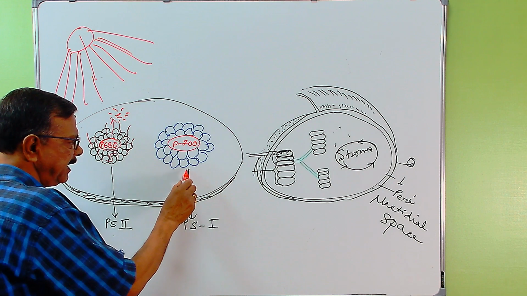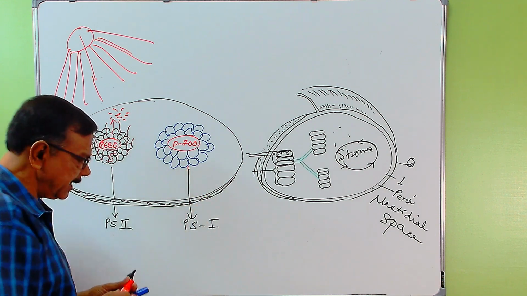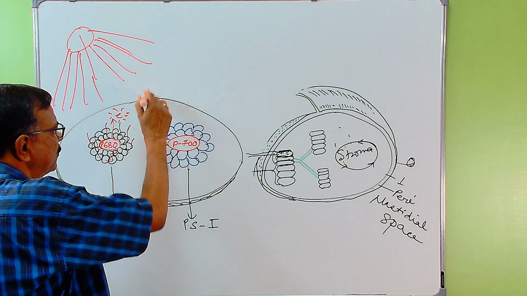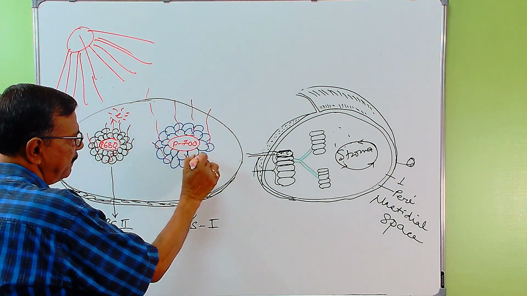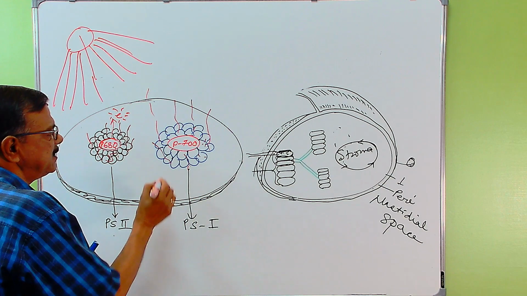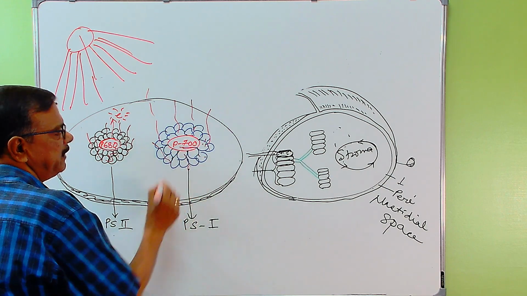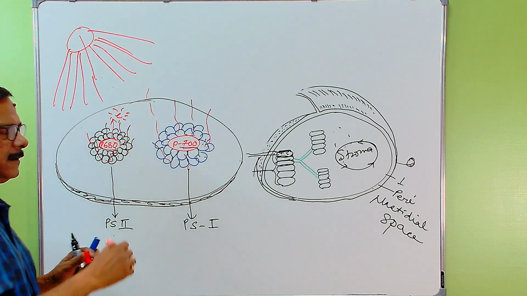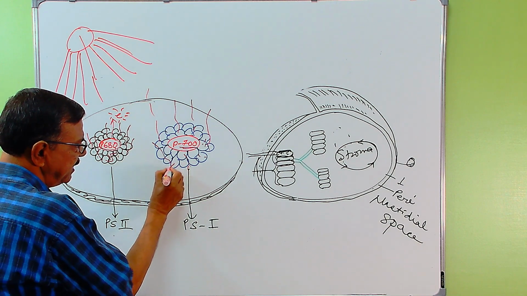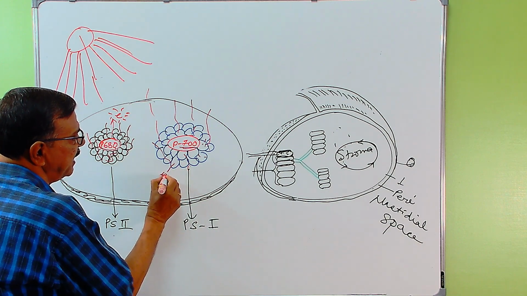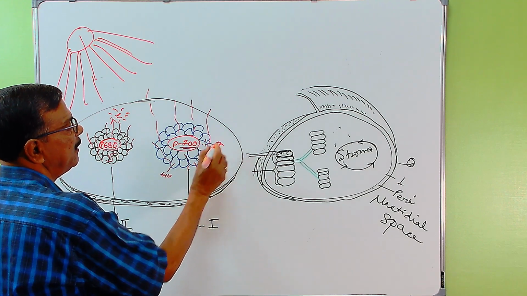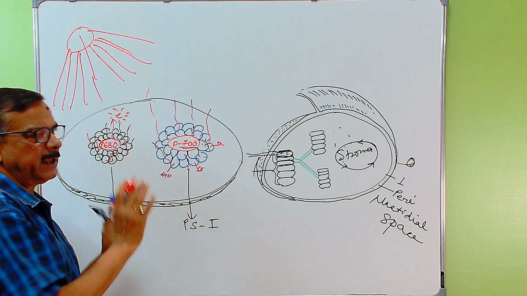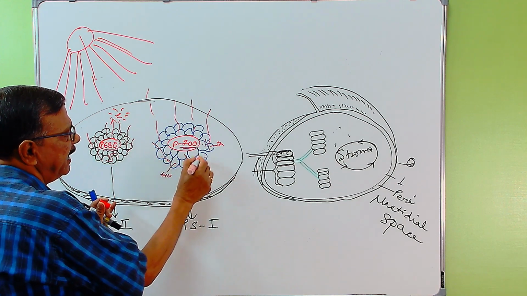And PS1, P700, consists of some 100 molecules. It also receives light energy, that is photon, at 700 nanometer or below that. It may absorb at 690, at 680, at 500. At or below that wavelength, they are receiving; they are antenna molecules.